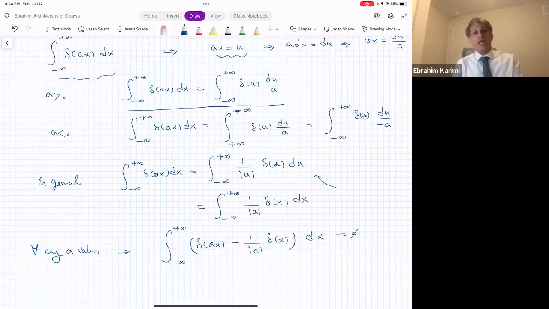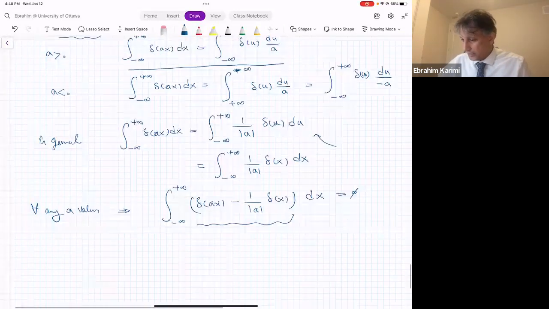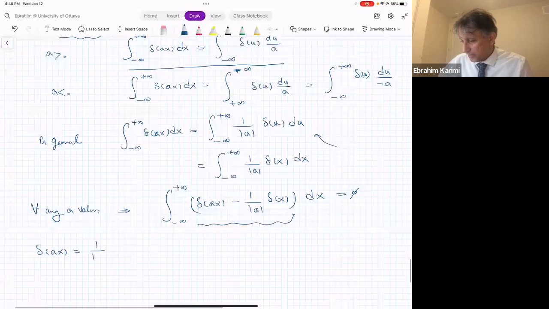That should be true for any values. What does it mean? This is equal to 0. So it means that delta of ax is equal to 1 divided by absolute value of a, delta of x.